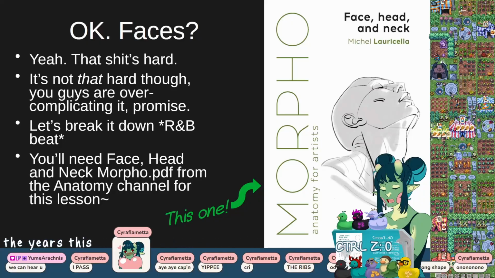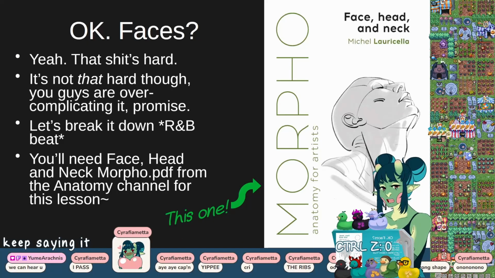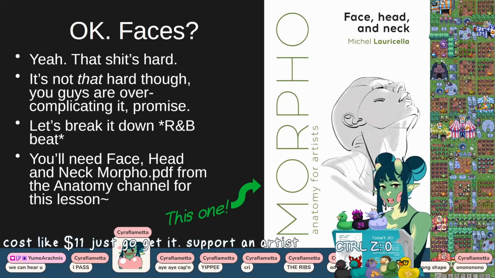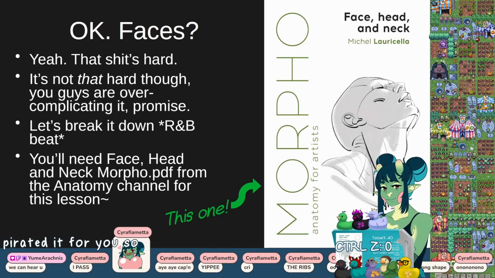This is gonna be my favorite, and I'm gonna keep saying it. A lot of the information that I learned in my anatomy class is in there, and it costs like $11. Just go get it. Support an artist. But also, I pirated it for you, so you can just have it.